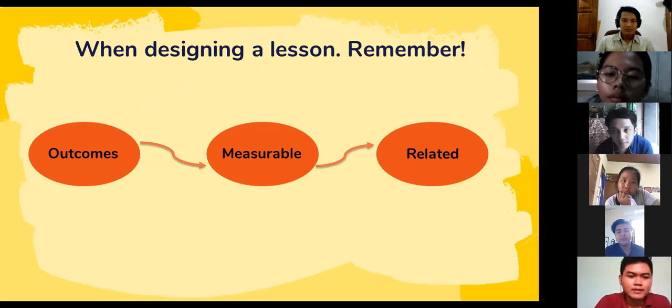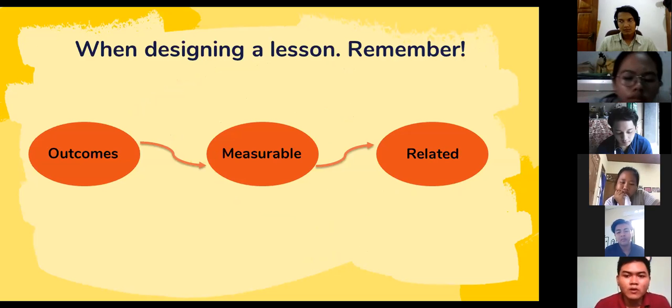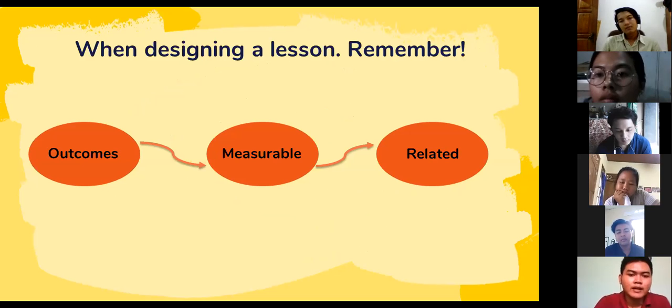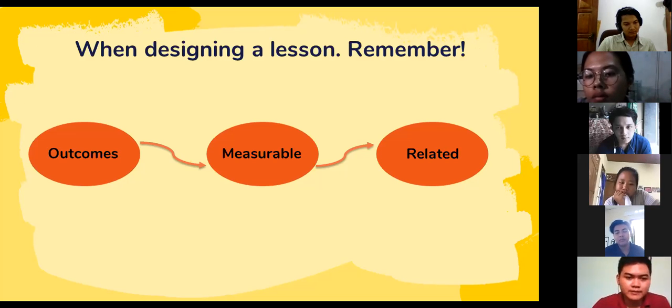The first is outcomes. Outcomes here means the learning process should start with the outcomes or results for the week. The teacher will also guide the students to get the outcome or result every week after the learning process. The second one is measurable. Measurable means the outcome must be measurable.